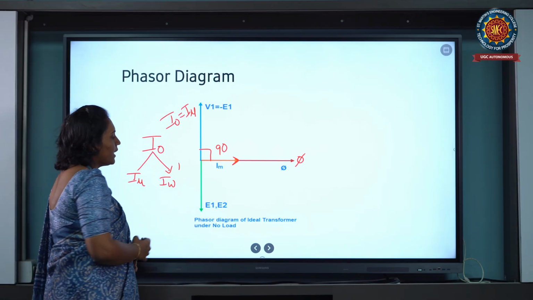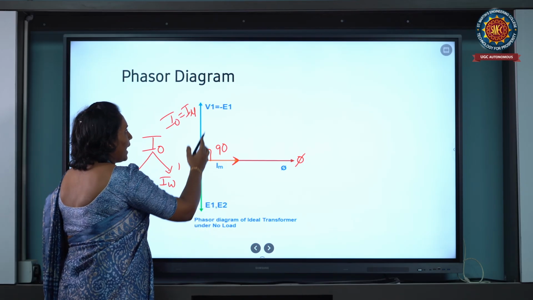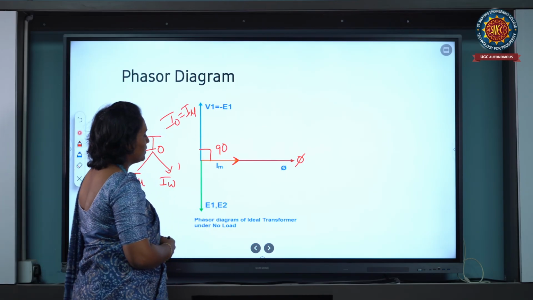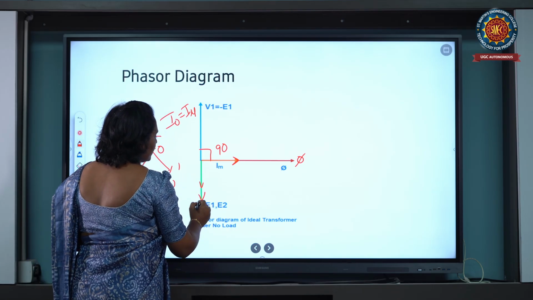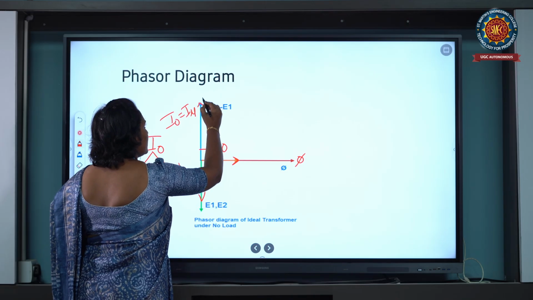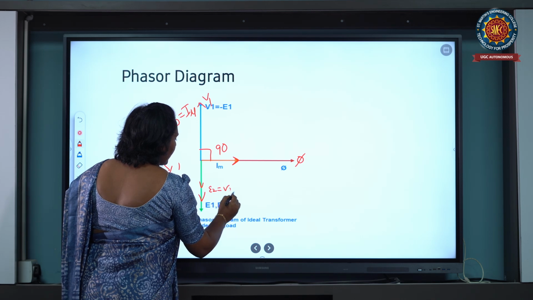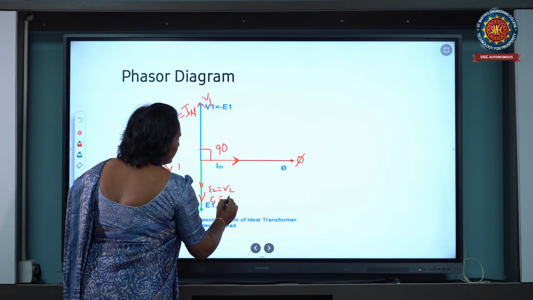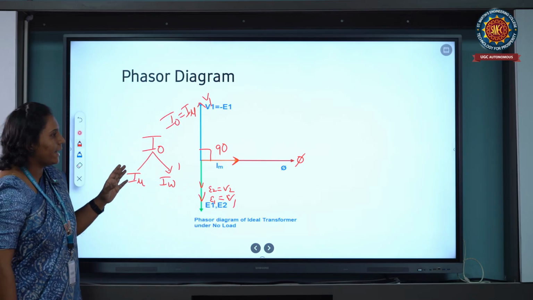These induced EMFs E1 and E2 are both in phase with each other, and they are in antiphase with the supply voltage. So E2 is equal to V2 and E1 is equal to V1. This is the phasor representation of the ideal transformer.